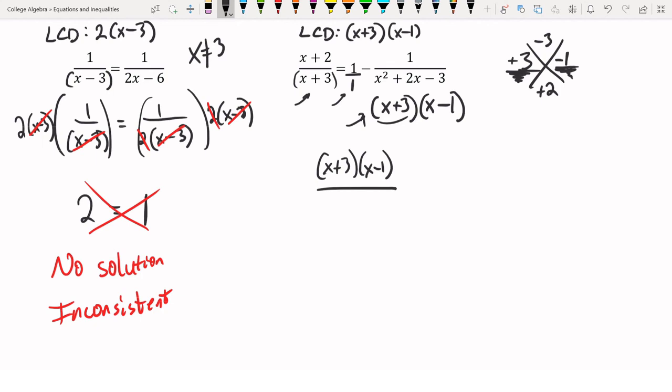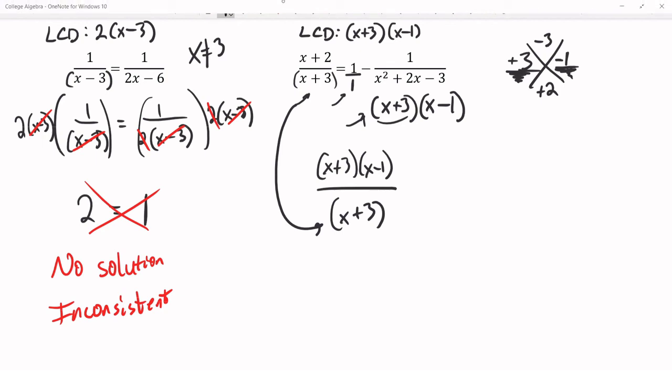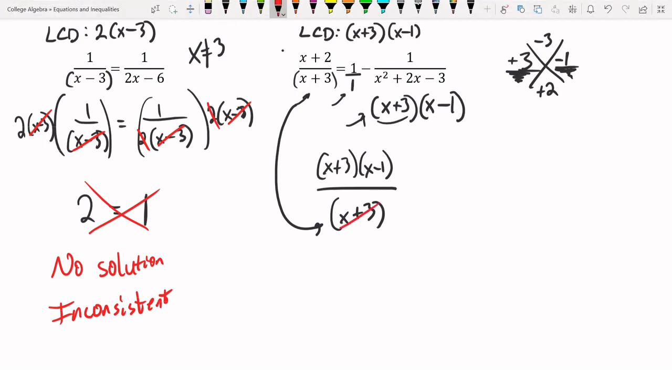It could be the least, it could be just a common denominator. If we're left with a fraction at all, we know that it's not a common denominator because it doesn't get rid of the fraction. We need to get rid of the fraction. So x plus 3, the first one here, you see that it cancels with that one and the denominator goes away. We're left with just x minus 1. So that's good for that one.